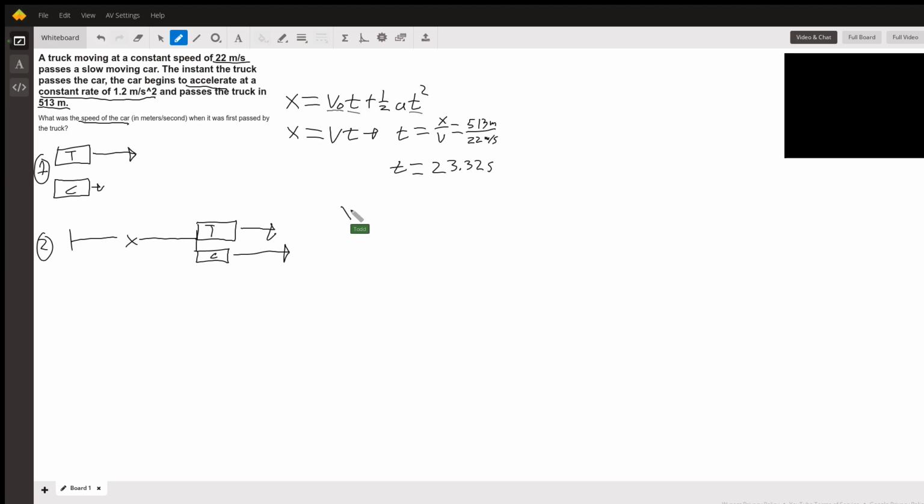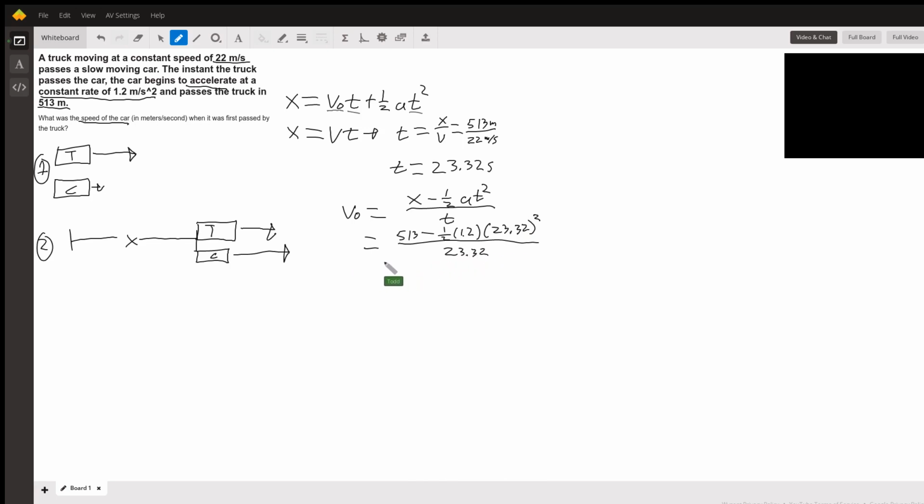Right, so then we come back to this first equation that I wrote, and we can rearrange it. With algebra, we can say that v naught is equal to x minus 1/2 at squared, all over t. So if we plug in numbers, we have 513 minus 1/2 times 1.2 times 23.32 squared, all divided by 23.32.